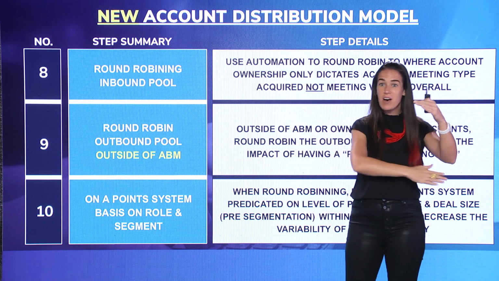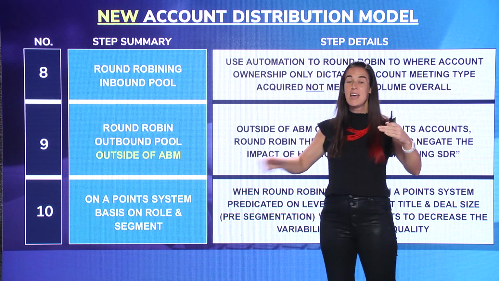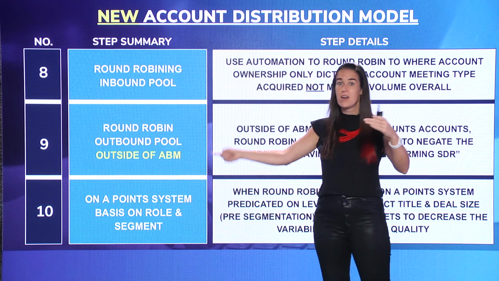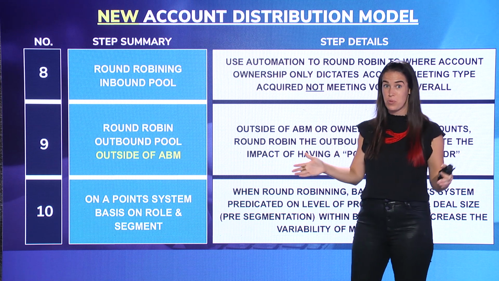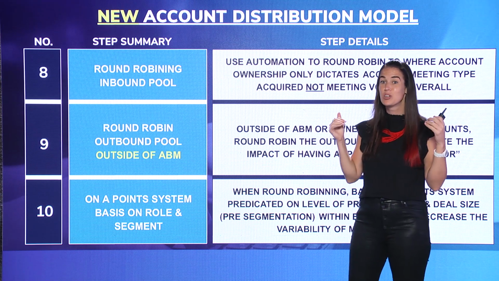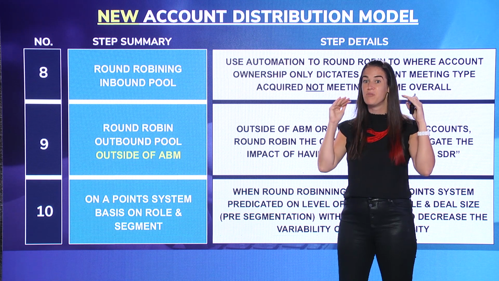Right? So they do have 100 non-ABM accounts, but they're all pooled across the account executives. And in terms of those non-ABM accounts, they go round robin. So we make sure that even the outbound pool is equal. Maybe not in terms of meeting quality, because it's ABM versus non-ABM, but in terms of meeting volume.